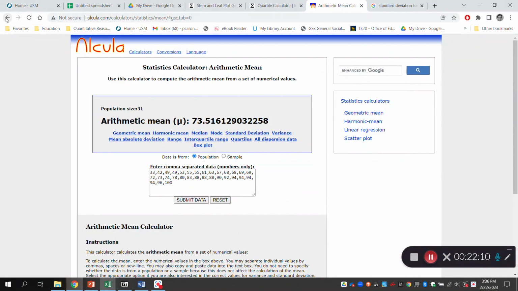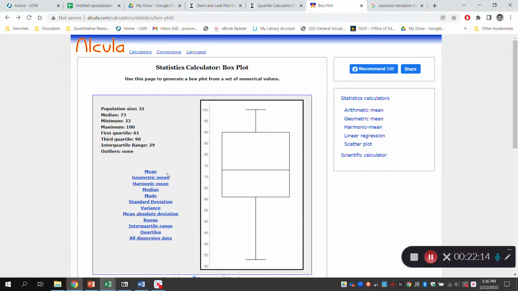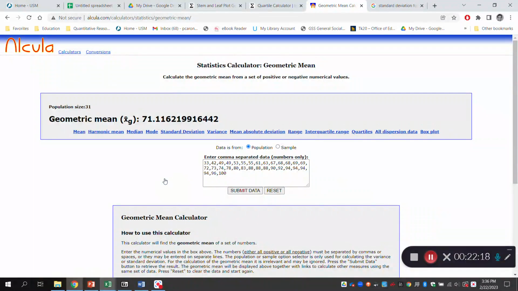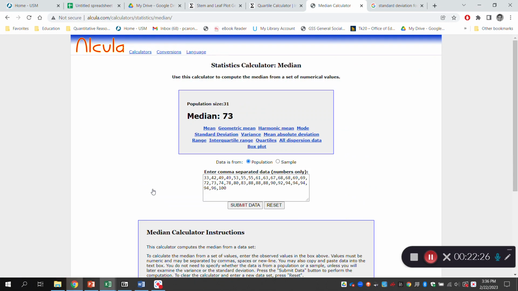So that's the mean of all those numbers. So you didn't have to go to Excel or to Google Sheets. The geometric mean is here. And then the median, that's the number in the middle of your whole set. Press that, and it's 73.